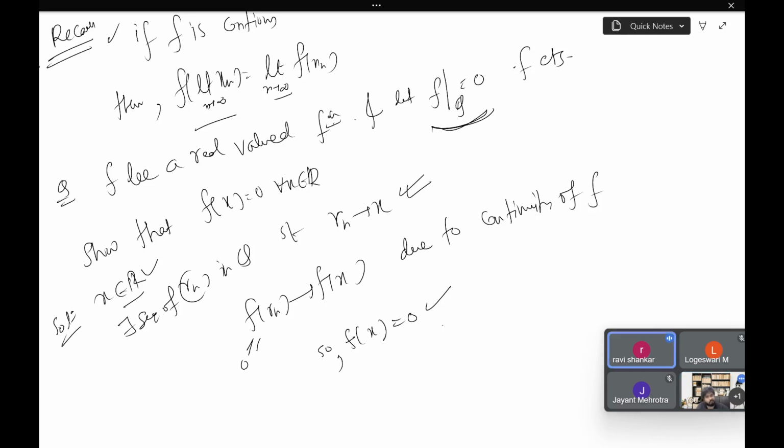Where did we use this Q? Due to density, we get a sequence of rationals such that the sequence of rationals converges to x. Now, due to continuity of f, the sequence f(r_n) will converge to f(x). Since f restricted over Q is the zero map, for each n f of r_n is zero, correct? So basically, f(x) is zero.